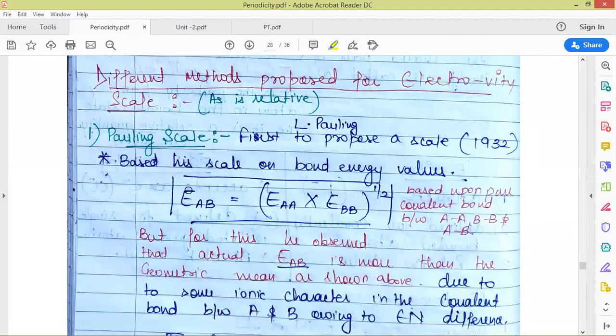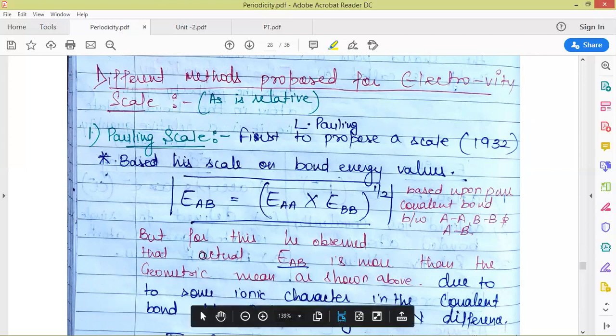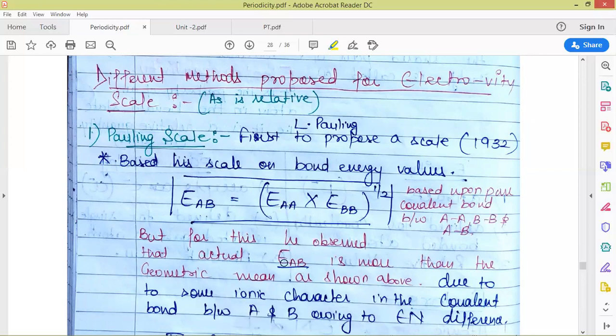According to him, if we are talking about a covalently bonded molecule AB, the bond energy of the AB bond should be equal to the geometric mean, the square root of the product of the bond energy of AA and the bond energy of BB. But when he looked at this experimentally, he found that E_AB was more than the geometric mean, as shown above.